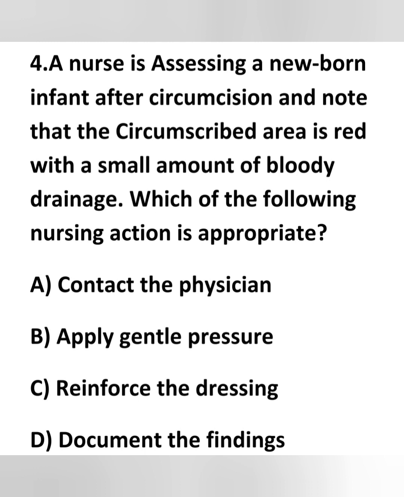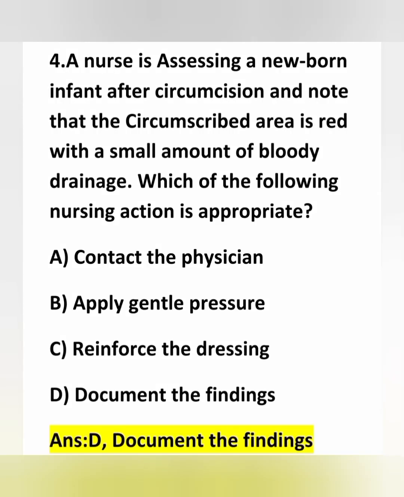The penis is normally red during the healing process after circumcision, and yellow exudate may also be noted in the first 24 hours. Here the small amount of bloody discharge is a normal process, so the nurse should not take any action over here. She should just record it, that is, document the finding. Option D is the correct answer.